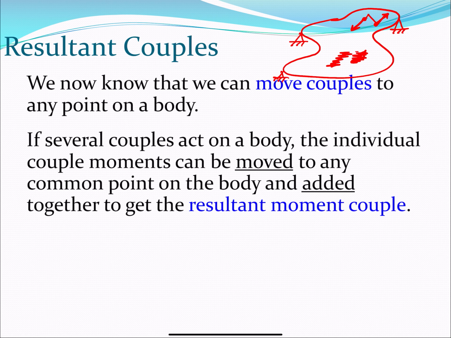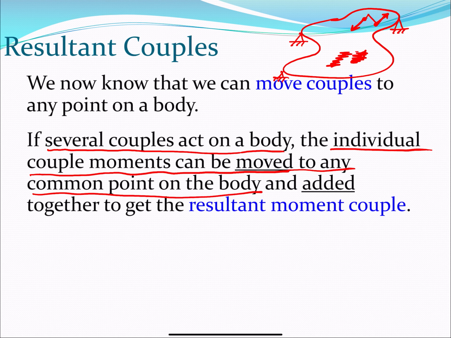So if several couples act on a body, the individual couple moments can be moved to any common point on the body and added together to get the resultant couple moment, or the resultant moment couple.